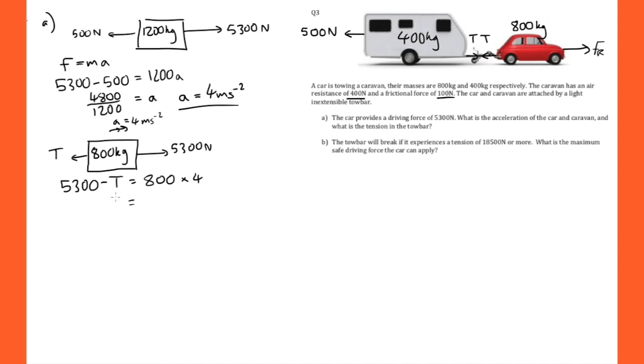Okay, so we move it around a bit. We end up with T is going to equal 5,300 minus 800 times 4, which is 3,200. And that leaves us with a tension of 2,100.